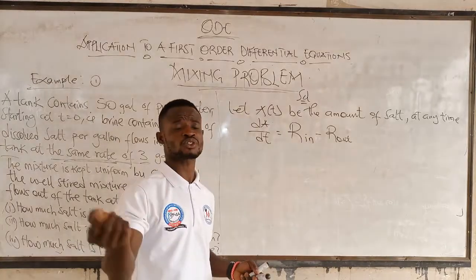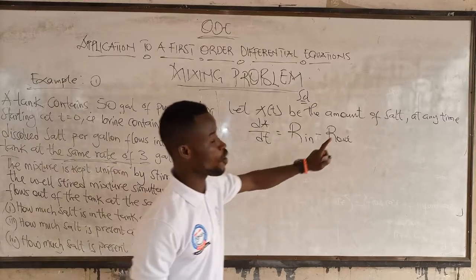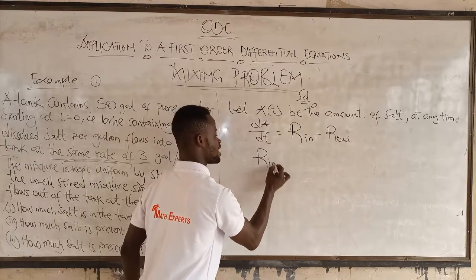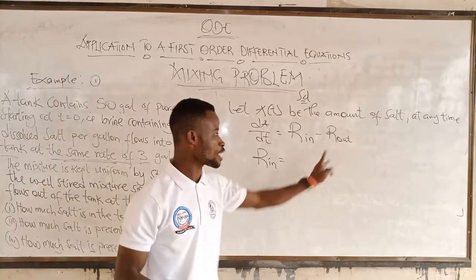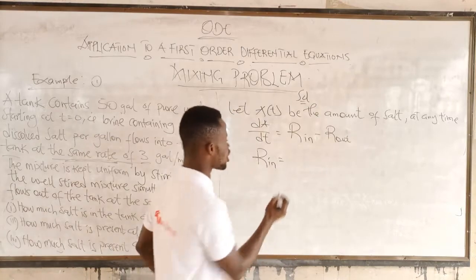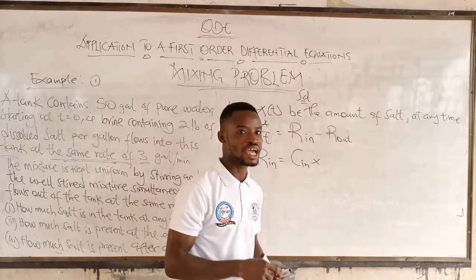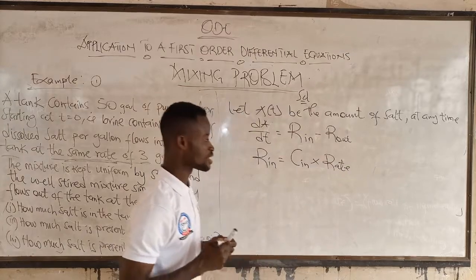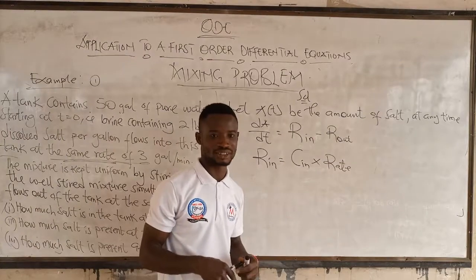The next thing you need to know is what this inflow rate is and what this outflow rate is. The inflow rate, with subscript in and subscript out, is going to be equal to the concentration in times the rate in.